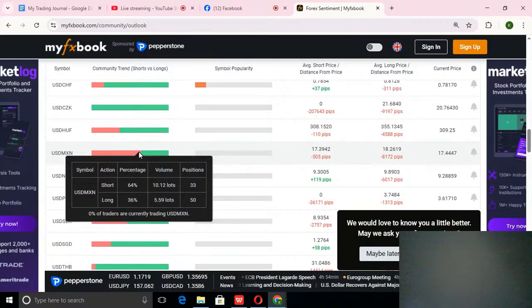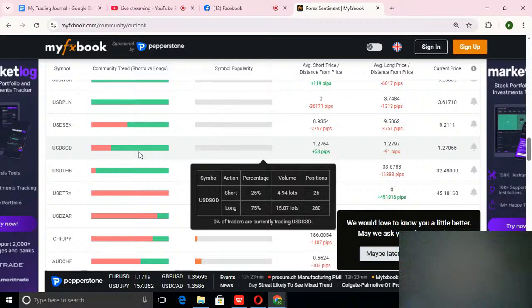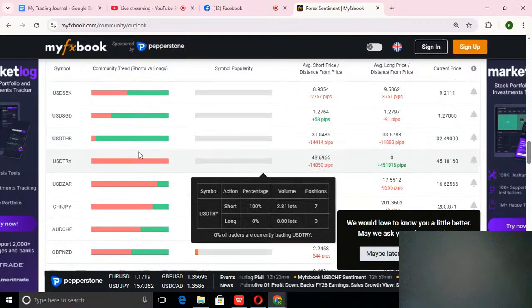Once you bring your cursor to the red part and the green part, it's going to show you that for this one, shorts, that is our sells, are 64%, and 36% are longs, which are buys. So in this case, I'll be looking for buys in this pair, and the pair is USD MXN. MXN is the Mexican peso. Those are exotics. Most people don't trade them because they have very crazy spreads and so on.